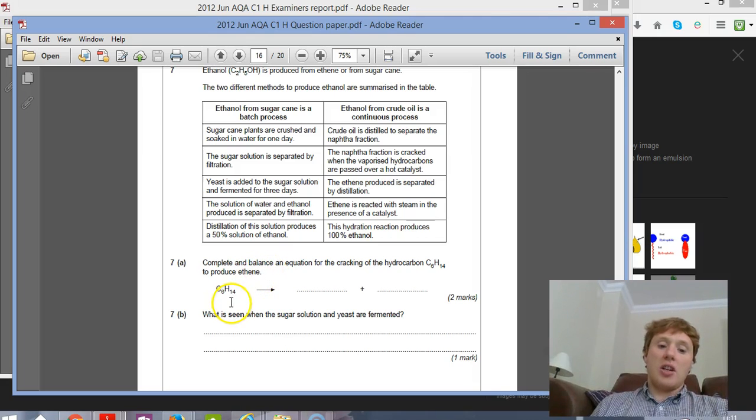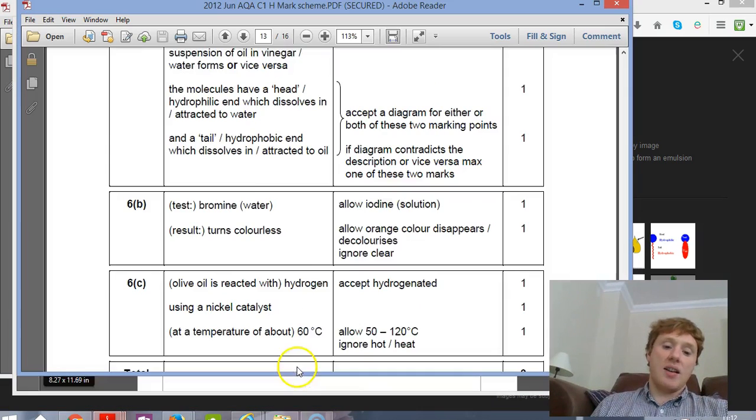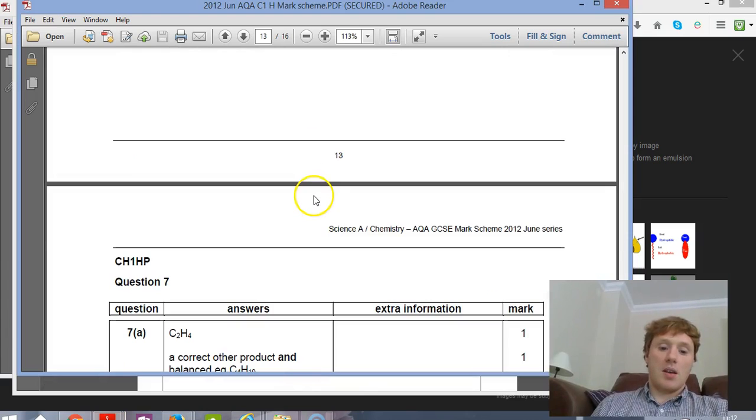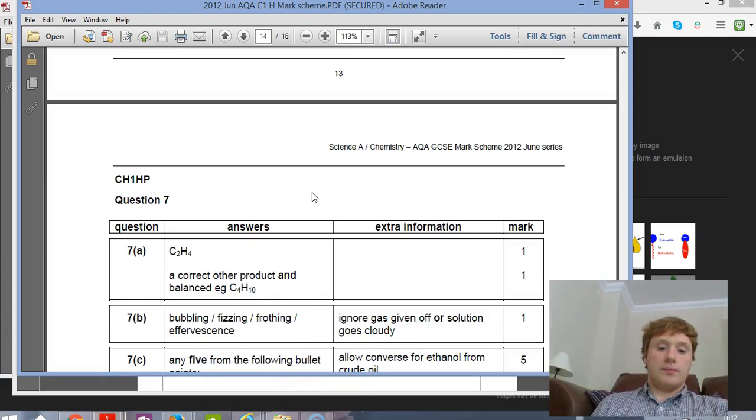Right, so to do this, ethene is C2H4, and then you've got one more product. How do you work that out? Well, remember conservation of mass. You've got 6 carbons here, 2 of them went into ethene, so there should be 4 left. 14 hydrogens, 4 went to ethene, should be 10 left, so it should be C4H10 plus C2H4. There you go.